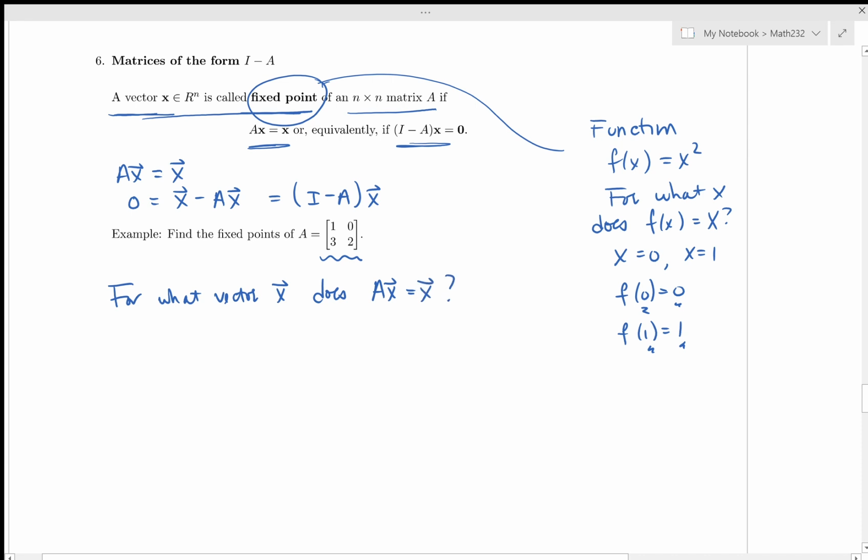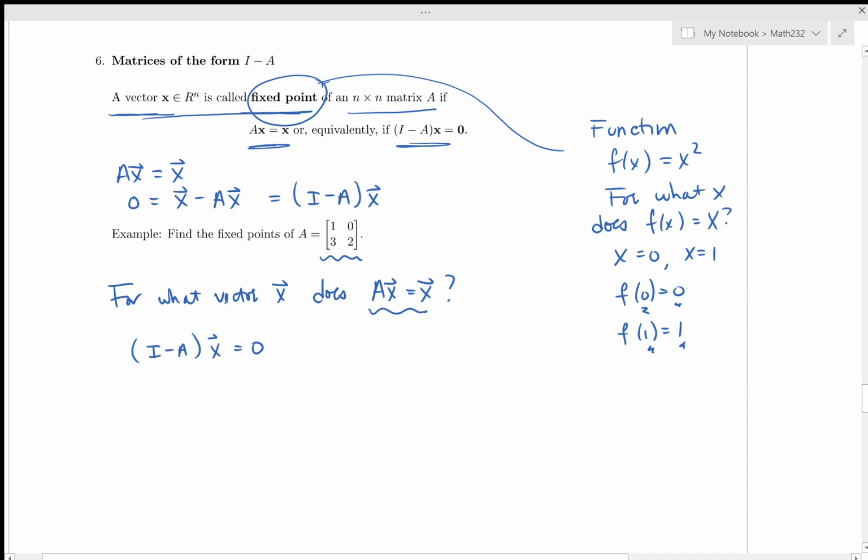Which means, in some ways, for which vector x does A do nothing to x? We already know Ax equals x is equivalent to writing (I minus A)x equal to 0.